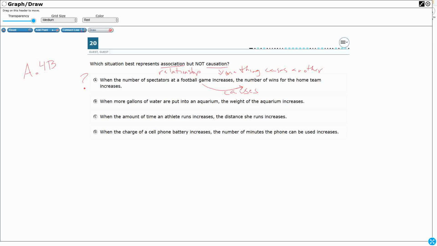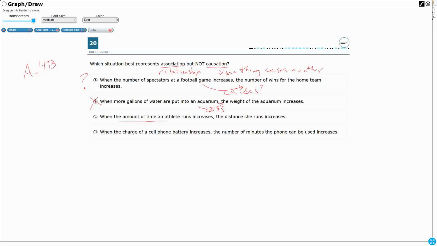B, when more gallons of water are put into an aquarium, the weight of the aquarium increases. Yes, this definitely causes that because water has weight. Water is actually very heavy, so increasing the water will increase the weight. So it's not this one, because that is causation. C, as the amount of time an athlete runs increases, the distance she runs increases. Assuming we're not running on a treadmill, but even on a treadmill, we are tracking the distance.